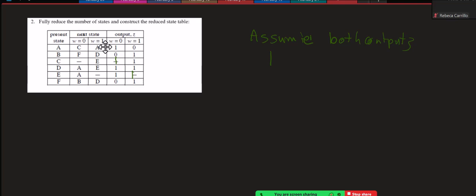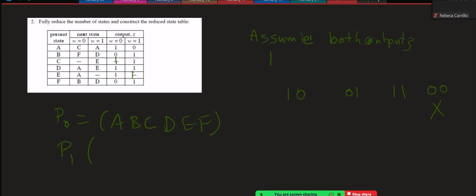Okay, so my original partition is everything: A, B, C, D, E, F. Partition 1 is based on the outputs. My possible outputs are 1, 0; 0, 1; 1, 1; and 0, 0. I don't have any 0, 0s.